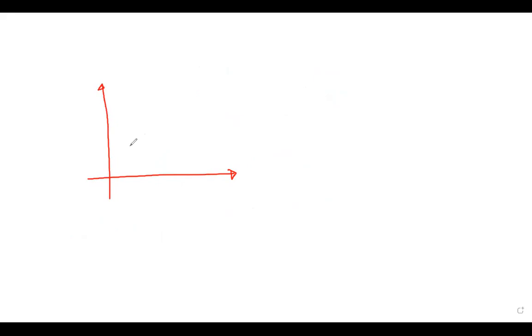Suppose this is a curve, and there is a curve like this. Now please try to understand this. Suppose these are two curves before us.